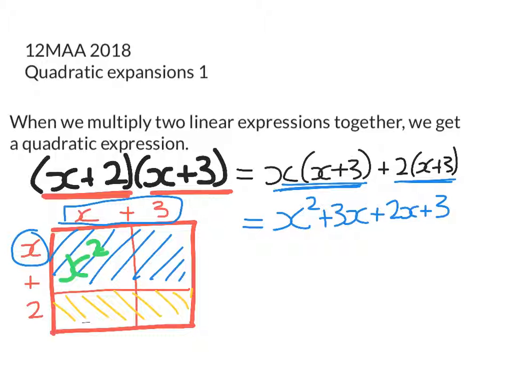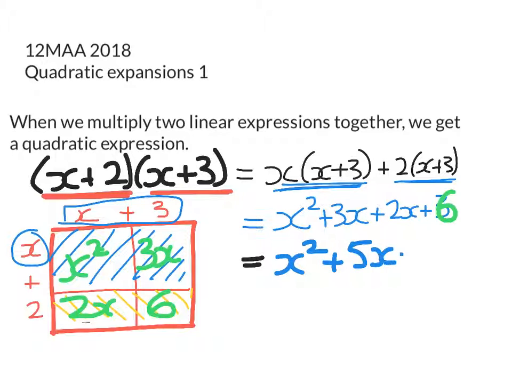Oops, 2 3's are not 3, 2 3's are 6. So we've got x squared there, we've got 6 there. Here we've got 3x, and here we've got 2x. So to get our final answer, we collect up our like terms. And we get x squared plus 5x plus 6. Now that was really, really slow on purpose.